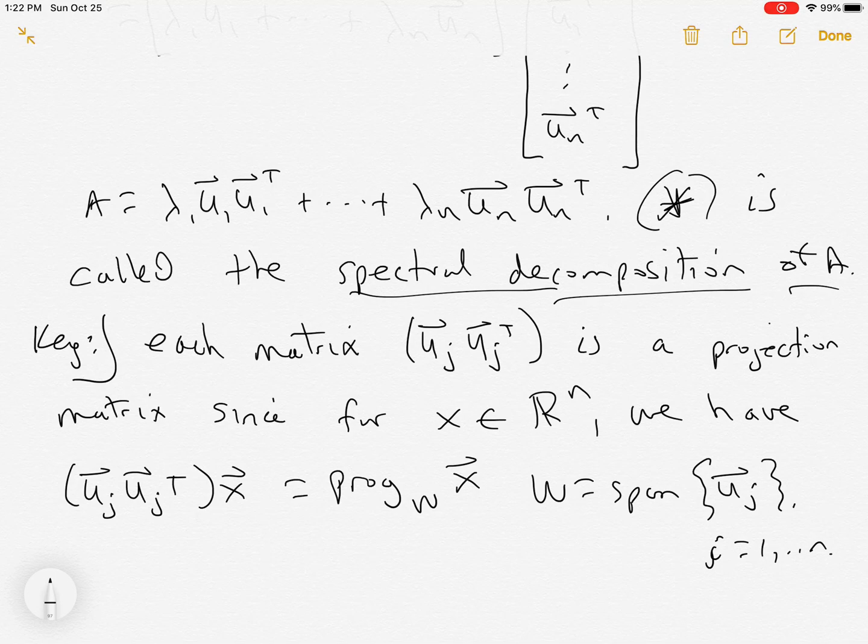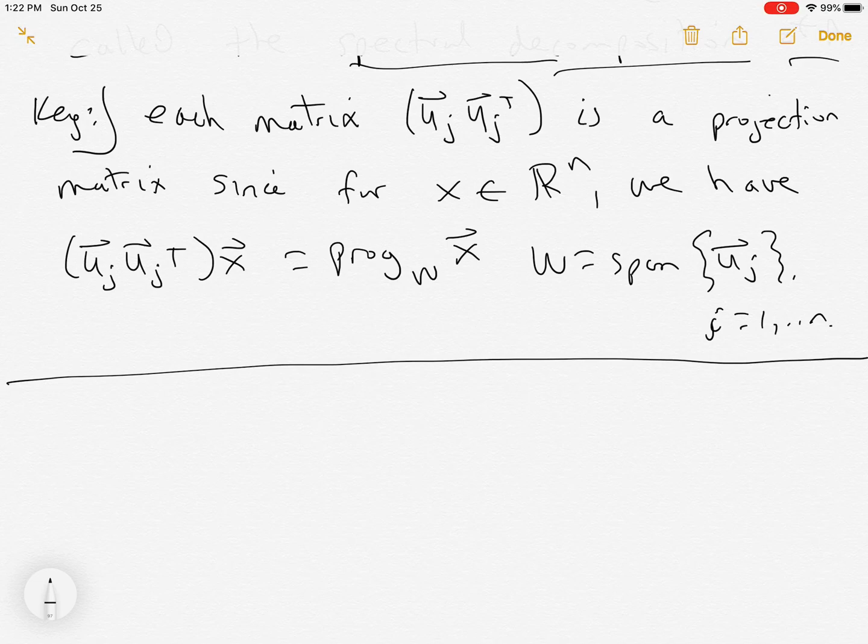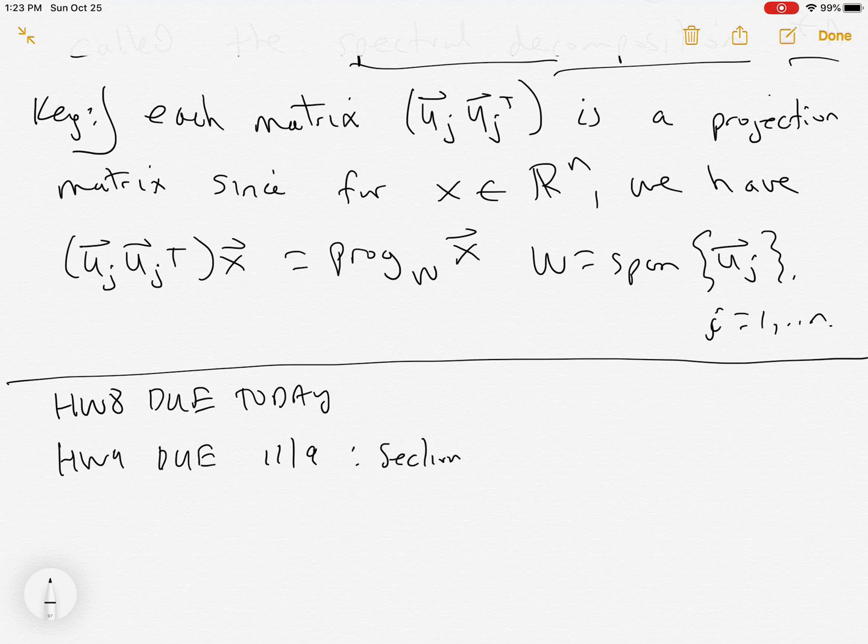All right, and we're going to use this in the sequel to do some fun stuff. So here's a little bit of housekeeping. We know homework 8 was due today, right? Yeah, that's in. Homework 9 is going to be due on November 9th, and it's going to cover sections 7.1 through 7.3.